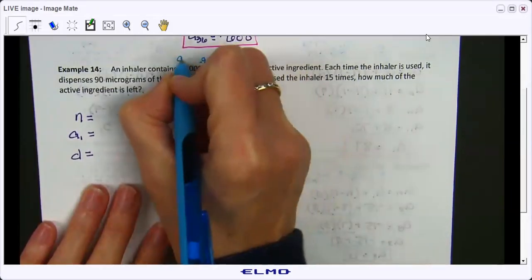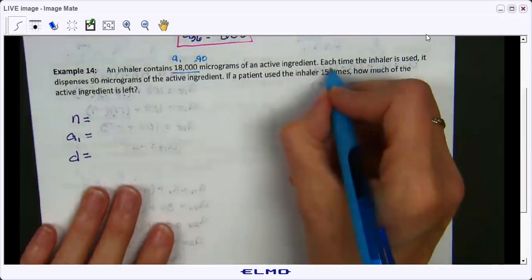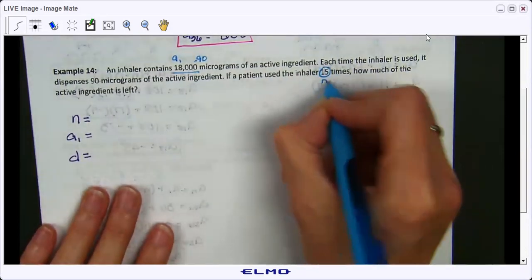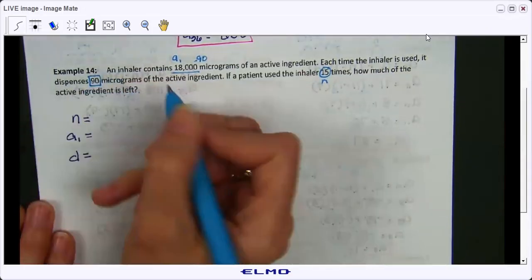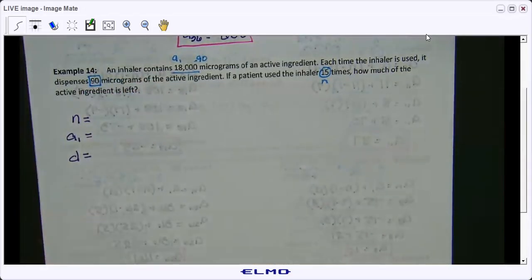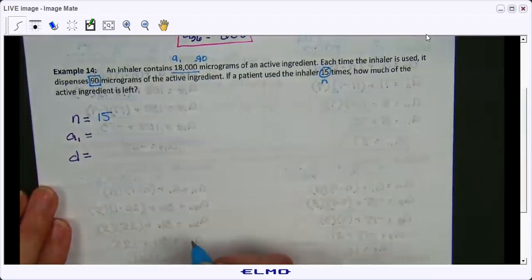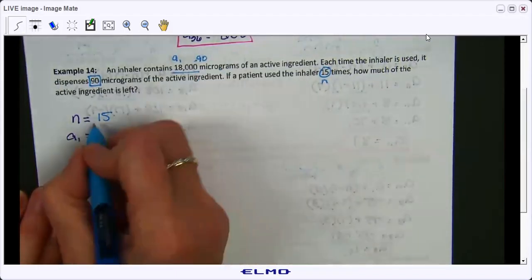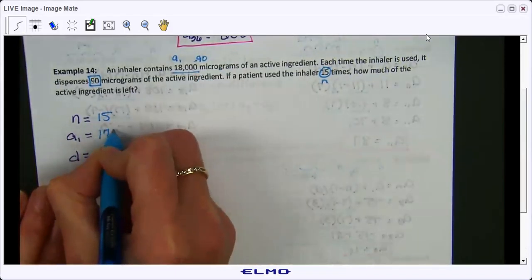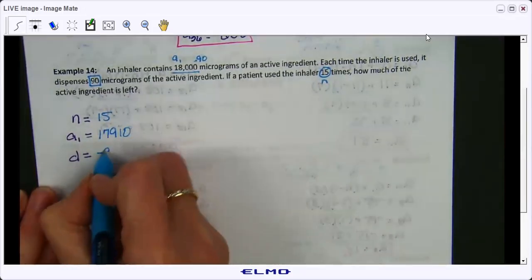This would be our starting term. And 15 is our nth term, and our common difference is a negative 90. So we're looking for the 15th, and instead of 18,000, we subtract 90 and get 17,910. Our common difference is a negative 90.